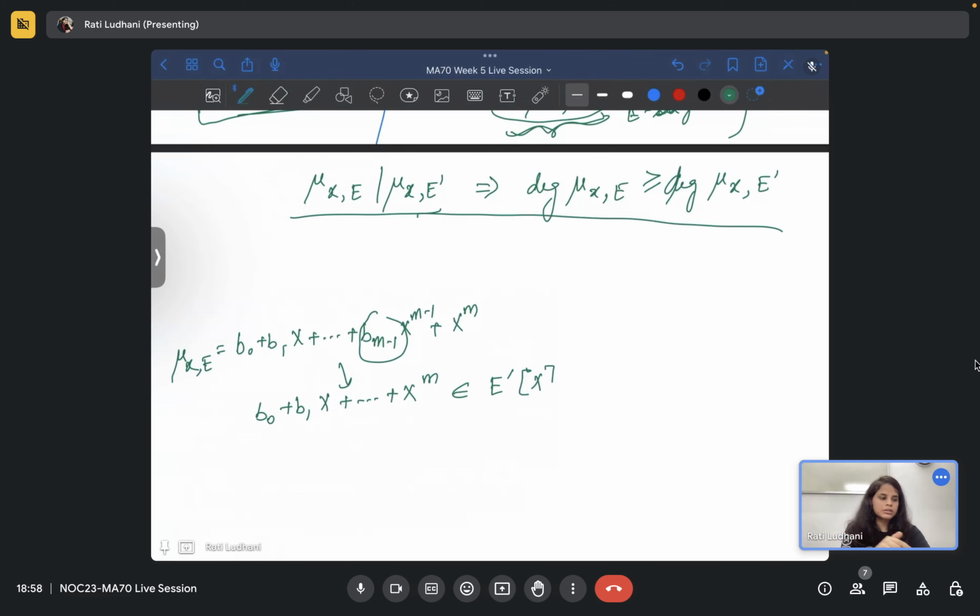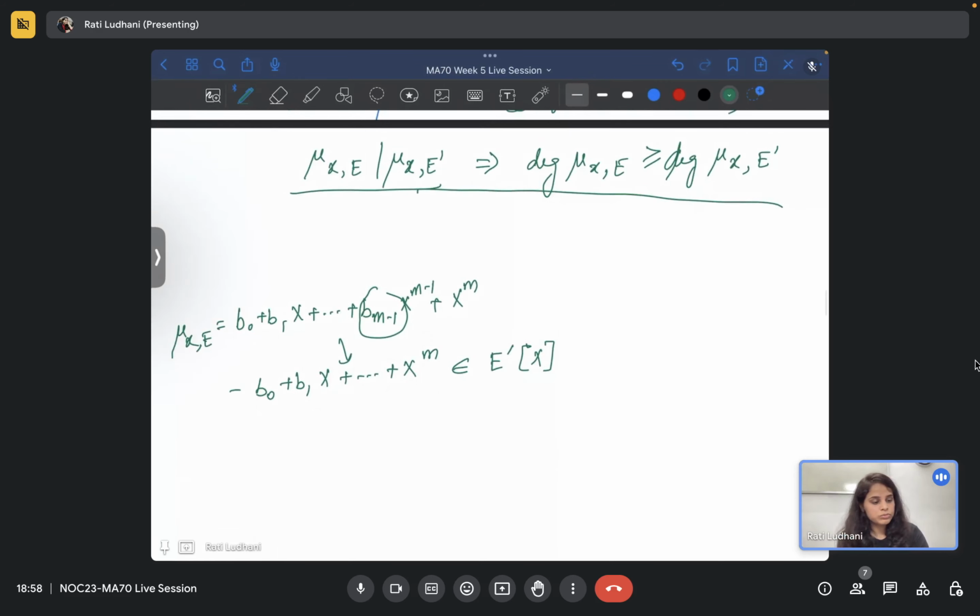And you know that this polynomial, let's say g(x), when you evaluate this g over the element x, this is 0. So this implies g(x) will divide mu(x, E'), because it belongs to E', and it is 0 when you evaluate at x. So this is in the kernel.